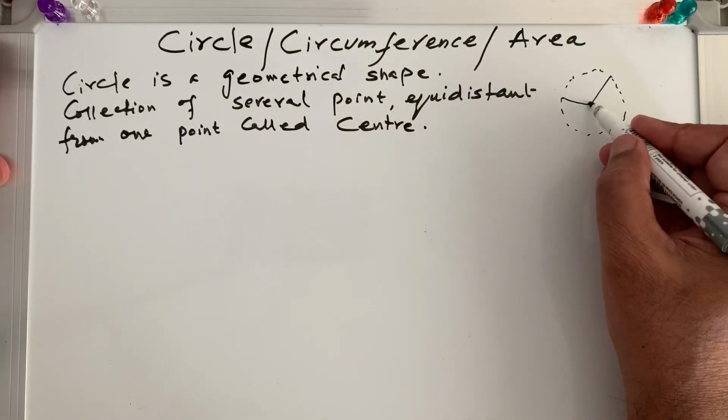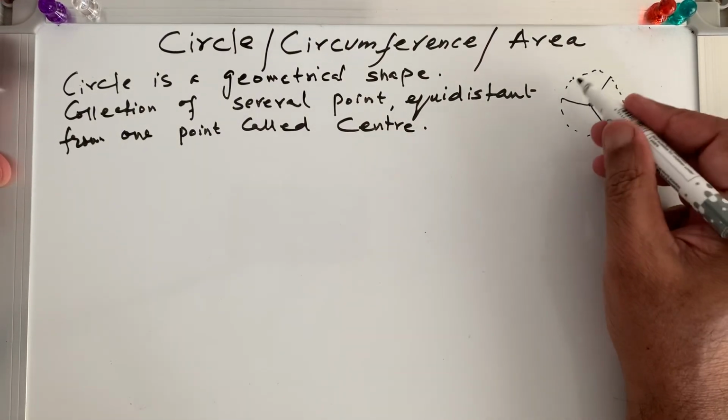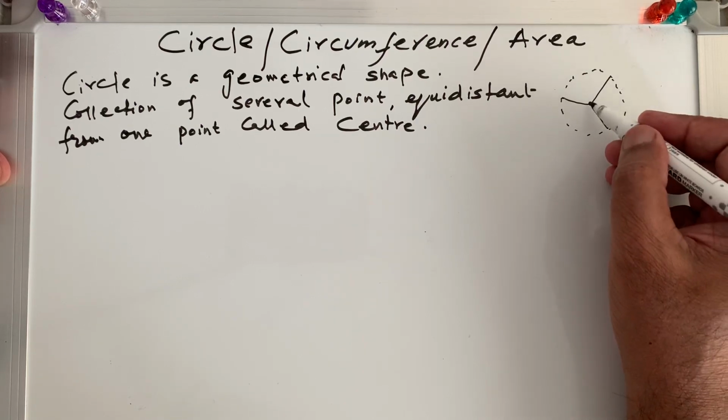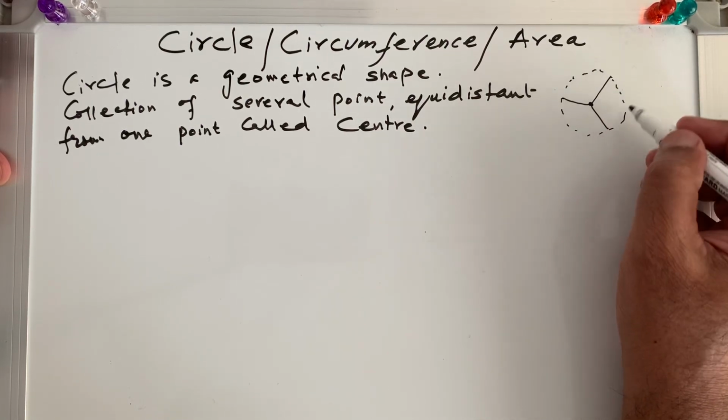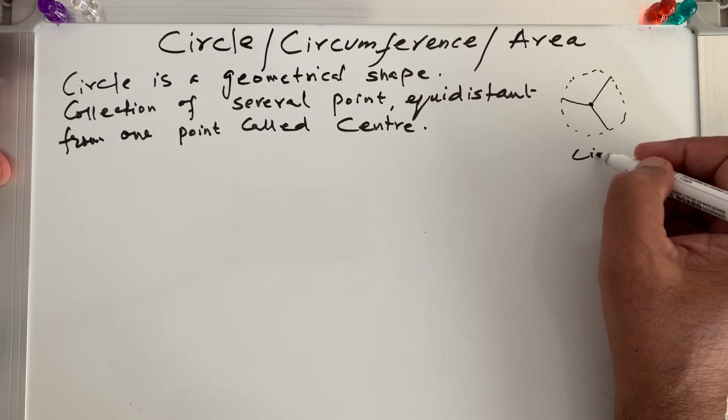So this is my center, and all these points, if all these points are equidistant from this point, then this shape which we found here is called circle.